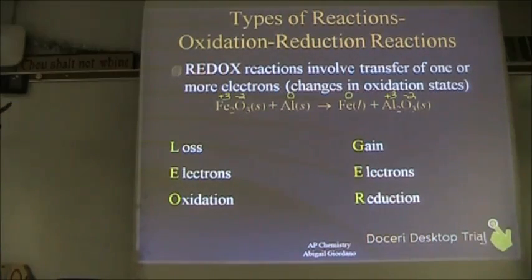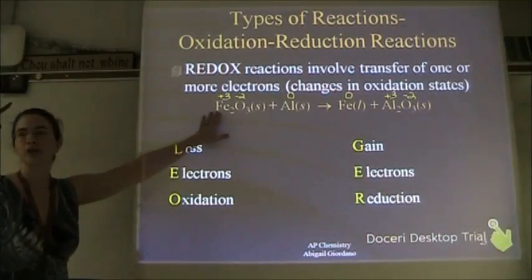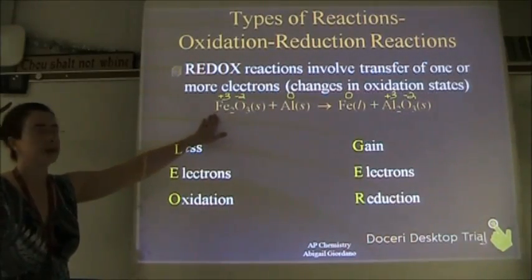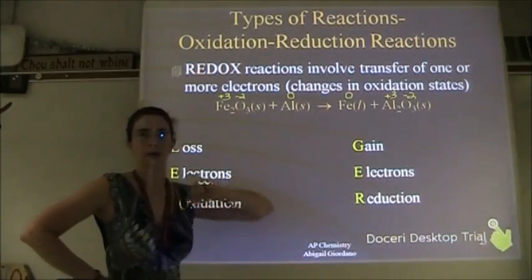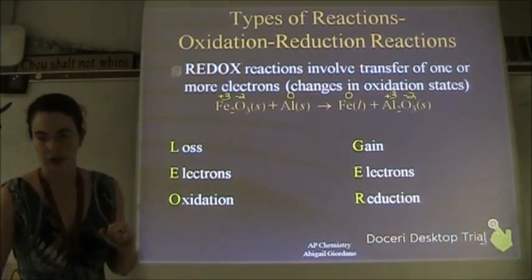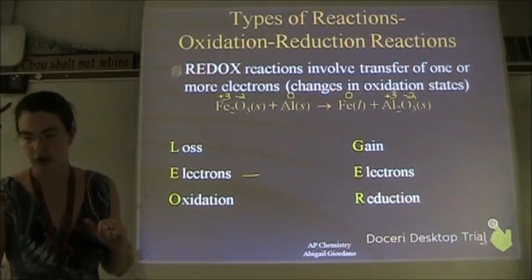Okay. Well, in English, we read left to right, so we're going to look at these reactions from left to right. Look at what's happening to iron. It's going from plus 3 to 0. Remember, electrons are negatively charged.